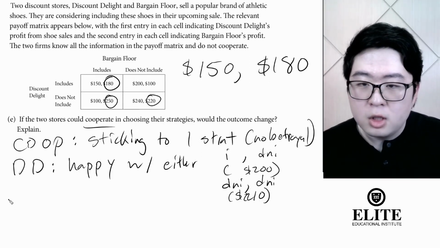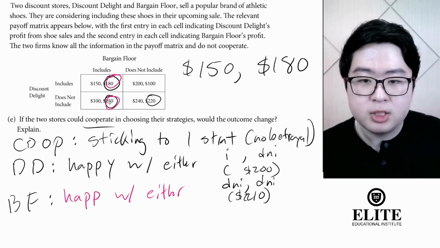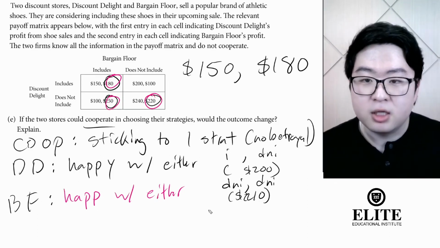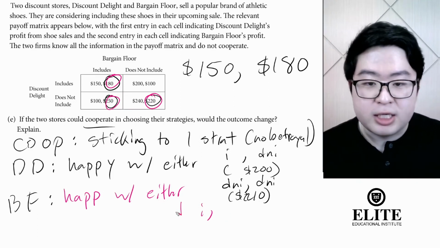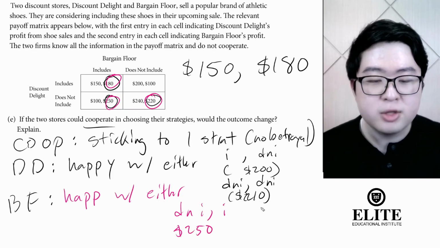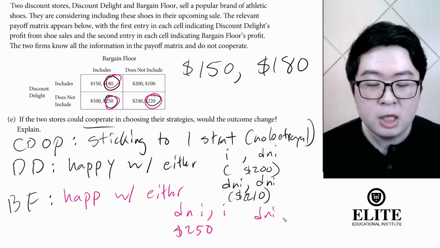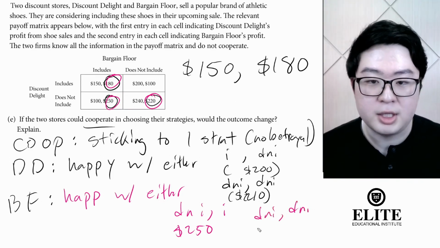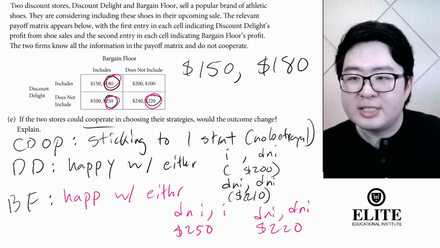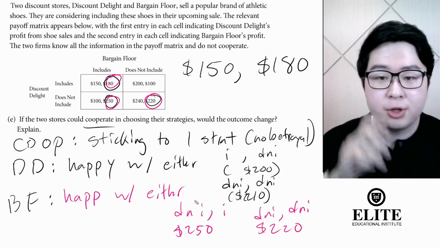So Bargain Floor is happy with either where Discount Delight does not include and Bargain Floor does include, that's going to be DNI, comma I, where it makes a profit of 250, or the situation where Discount Delight does not include and Bargain Floor also does not include, DNI, DNI, with a profit of 220. And now once we've established which combinations of strategies both stores are happy with, we need to see if there's overlap.